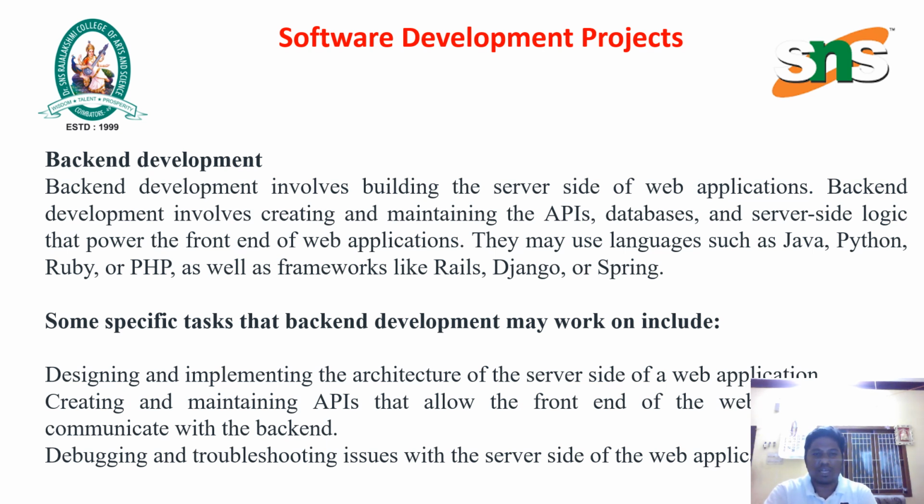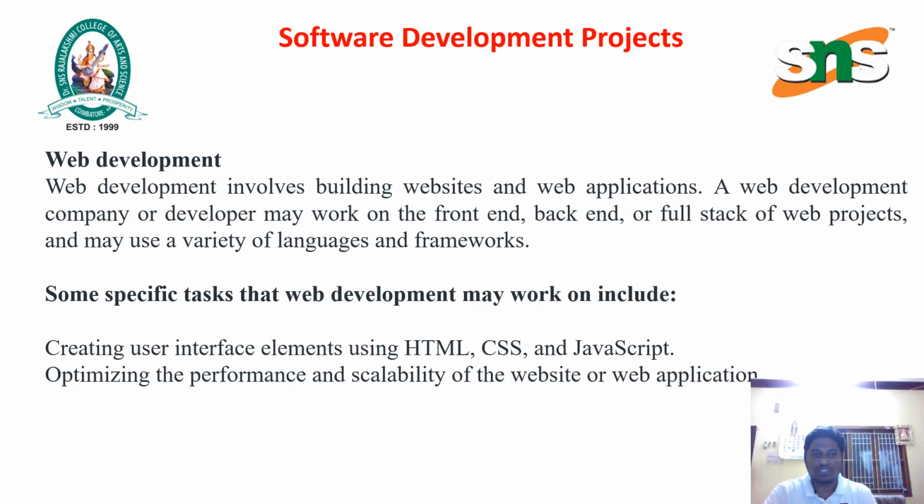Some specific tasks that backend developers may work on include designing and implementing the architecture of the server side of web applications, creating and maintaining the APIs that allow the front end of the website to communicate with the backend, and debugging and troubleshooting issues with the server side of the web application.